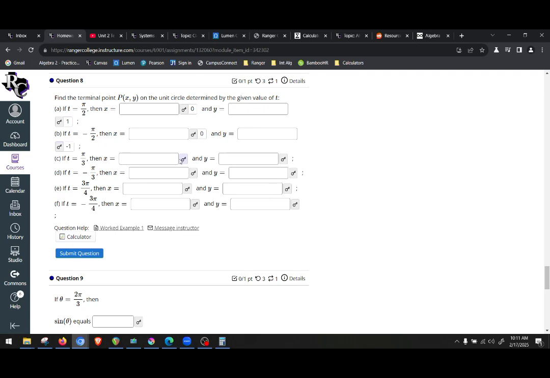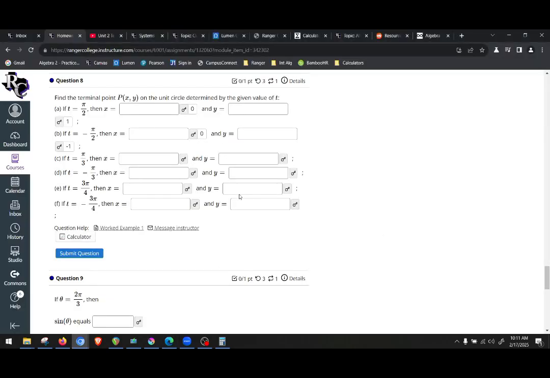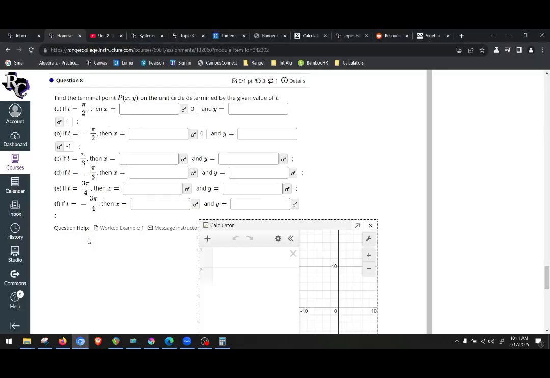Okay, let's do 3 pi over 4. It's here at 135 degrees. Just do that one in the calculator.